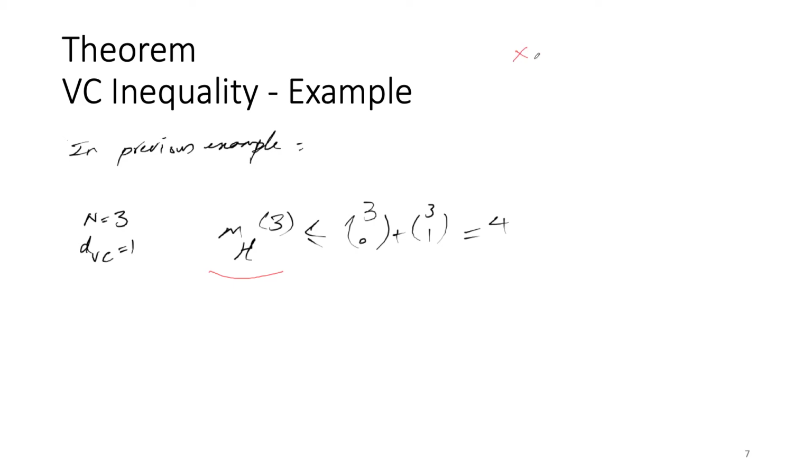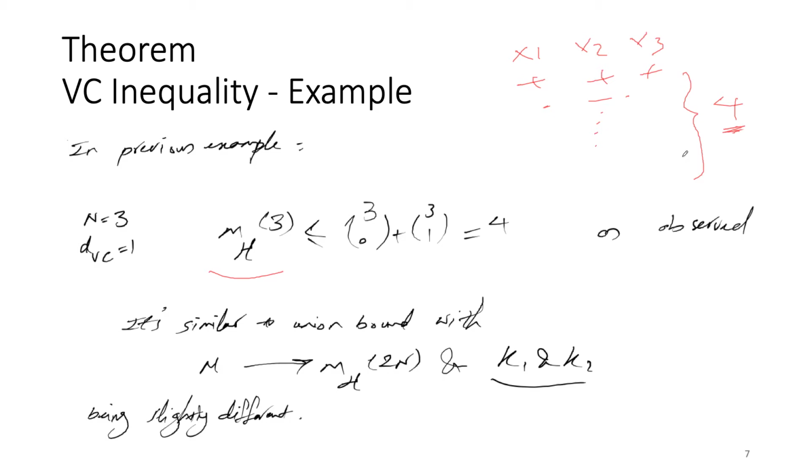When we had x1, x2, and x3, and we expanded those values, these were 4, right? As we observed. So you see that it's almost similar to the union bound with some subtle differences.